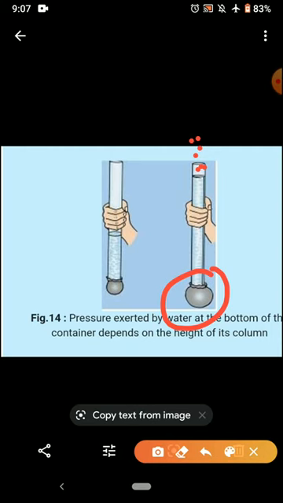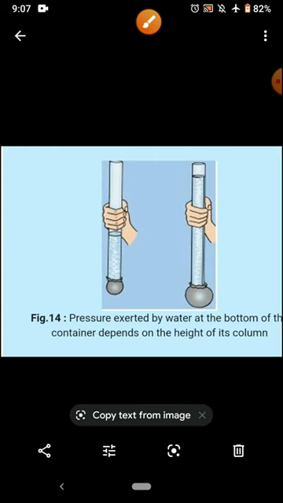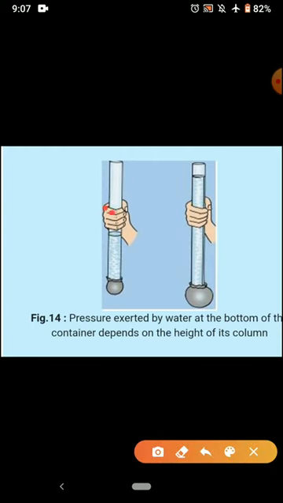So there is a relation. When we repeat this process, you can see that there is a relation between the amount of the bulge in the rubber sheet and the height of the water column in the pipe. In the first tube the height of water is little and the bulge is little, but in the second glass tube the height of water is very high, and the bulge is also high.